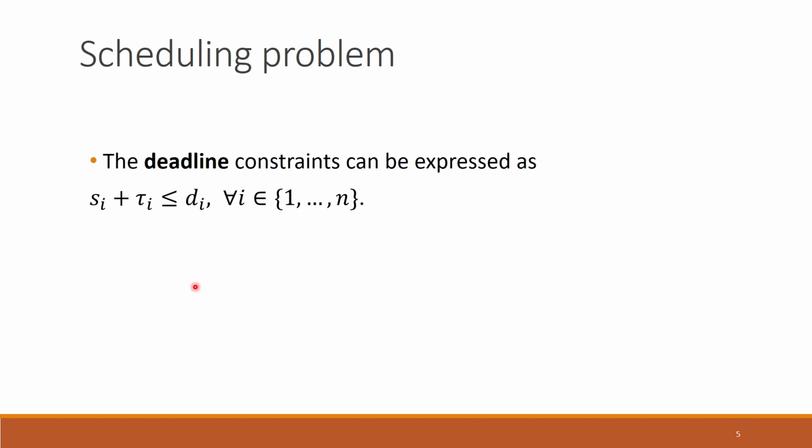Now, we also had mentioned that there can be some deadlines for every task. So, di here, if you recall, is the time by which task ji should be completed. Mathematically it means that the starting time of task ji plus the time it takes to execute the task, that is tau I, should be less than or equal to di, and that should hold for every task ji here, okay.